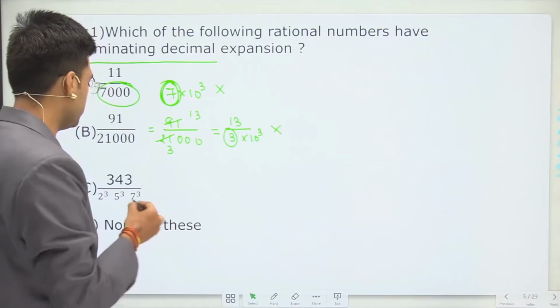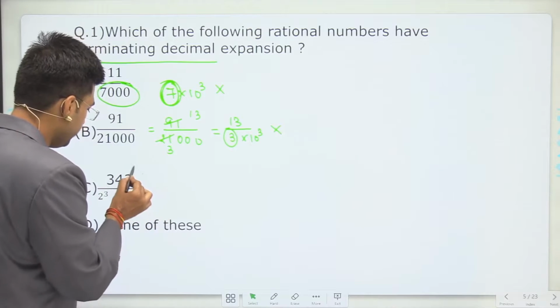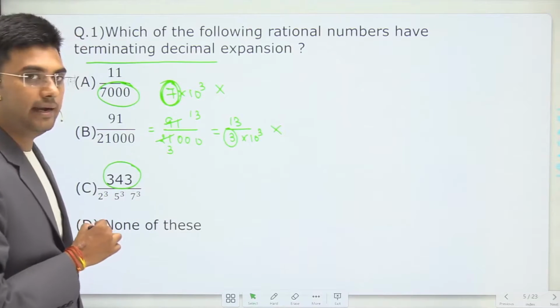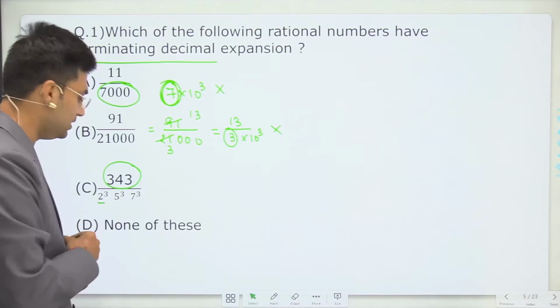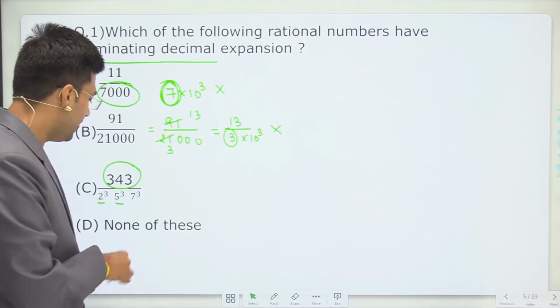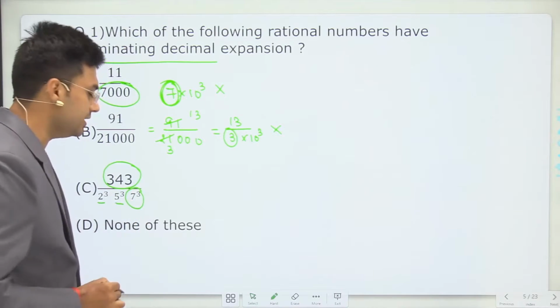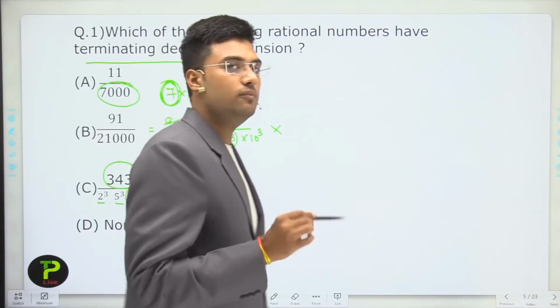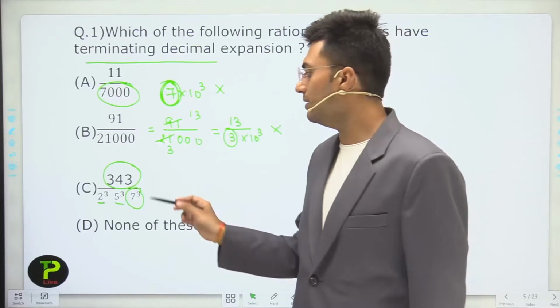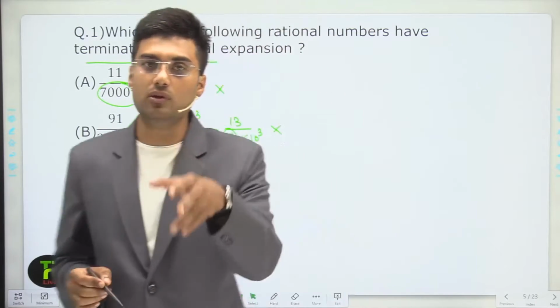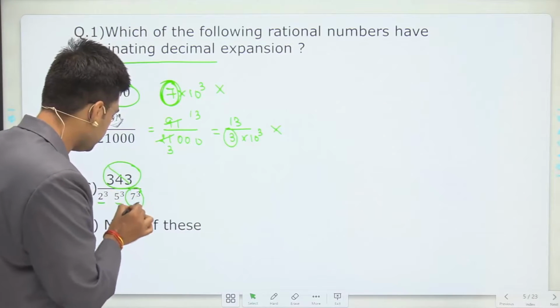Now come to the next option. Dear students, here we have 343, and in the denominator we have 2 power 3, 5 power 3, and 7 power 3. Dear students, the value of 7 power 3 is nothing but 343. So when we solve, this term and this term cancel out.